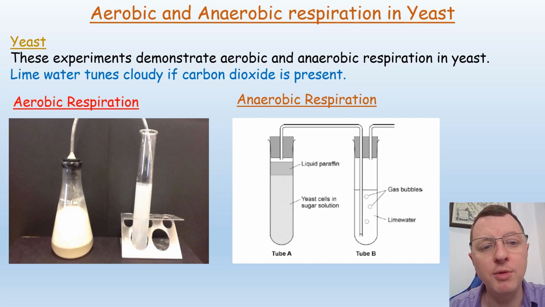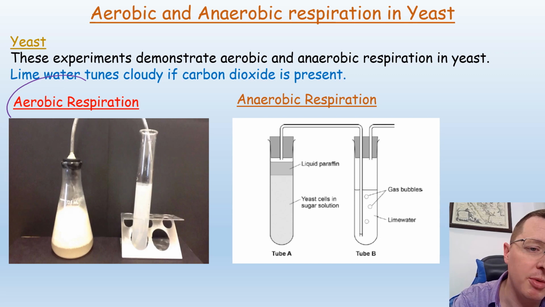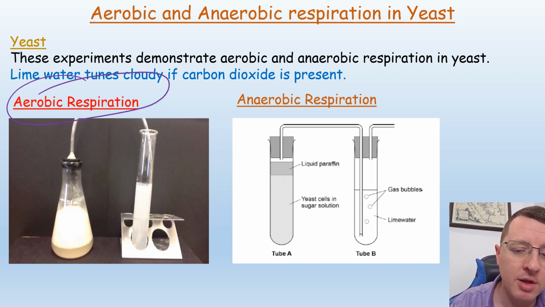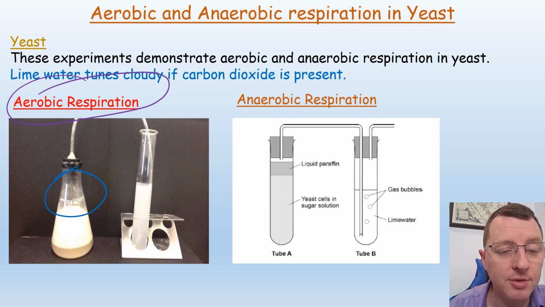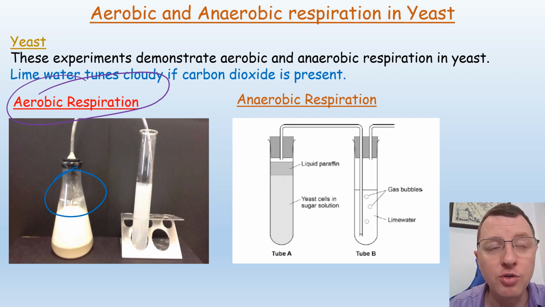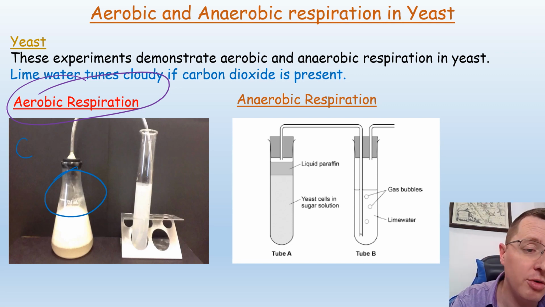So both aerobic respiration and anaerobic respiration can be shown using these two example experiments you can see below. In the first experiment, we're looking at aerobic respiration. So there is plenty of air within this conical flask. The yeast cells are kept in a sugar solution, so they have plenty of glucose and, in this case, plenty of oxygen.